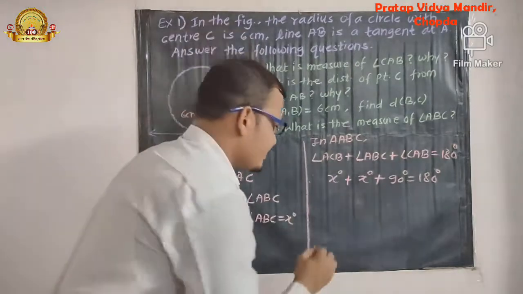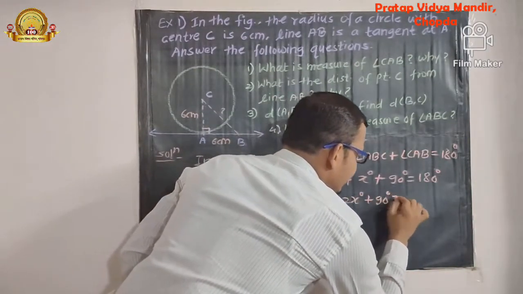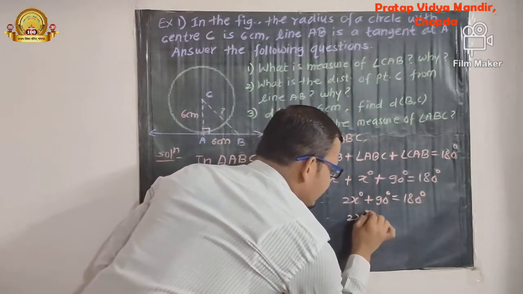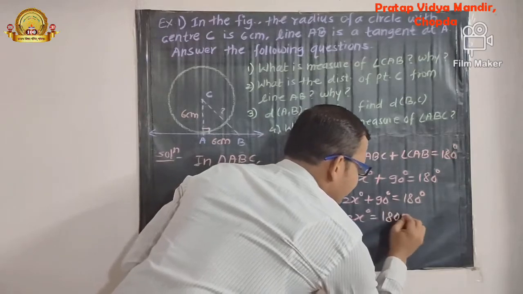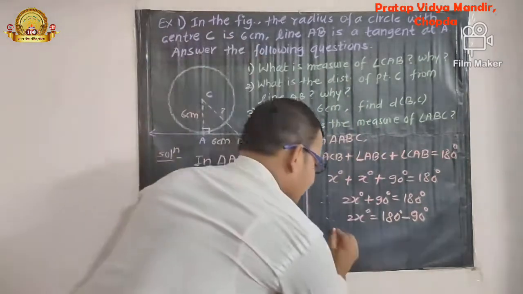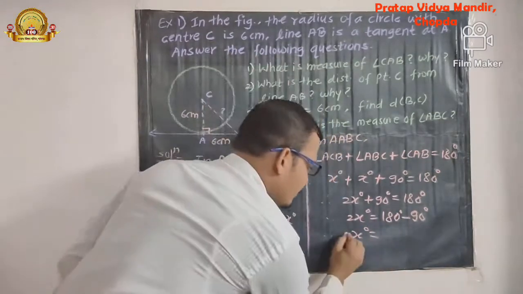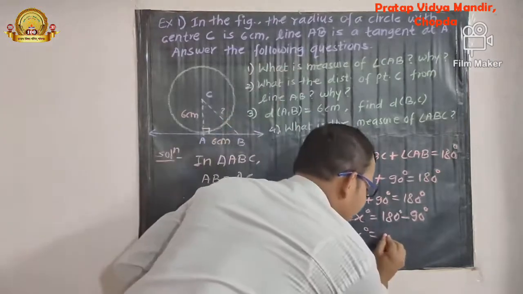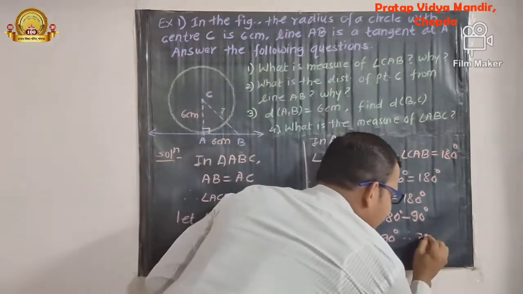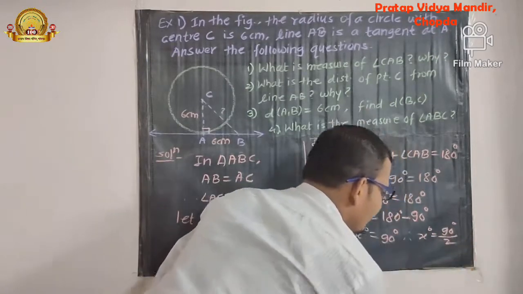So x degrees plus x degrees is 2x degrees, plus 90 degrees is equal to 180 degrees. Therefore 2x degrees is equal to 180 degrees minus 90 degrees. Therefore 2x degrees is equal to 90 degrees, and therefore x degrees is equal to 90 degrees upon 2.